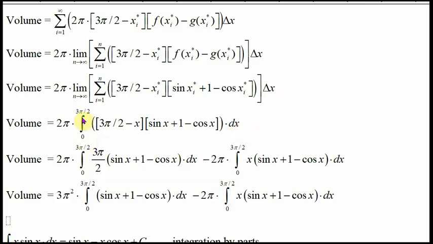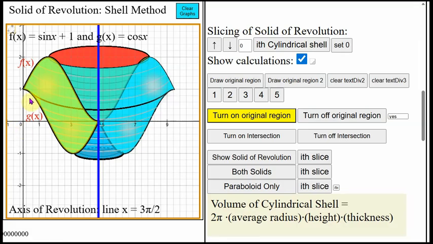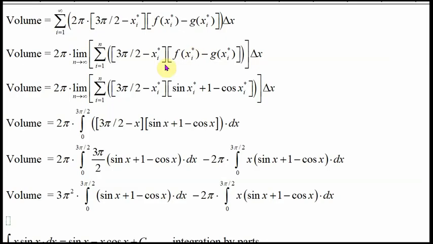Now the 0 and the 3 pi over 2, if we look back at the graph, this solid runs from x equal to 0 to x equal to 3 pi over 2. That's where the limits come from.